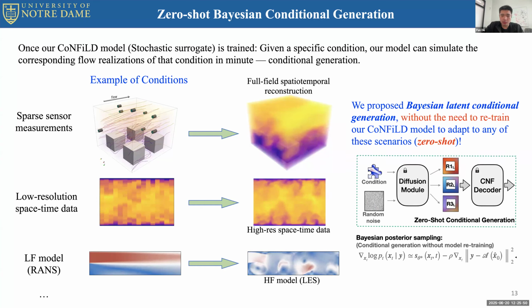This is called zero-shot deep posterior sampling, where we put our input condition, such as flow measurements, into the diffusion model along with random noise, and the diffusion model will generate different realizations in the latent space, and those latent space encodings can be passed into the CNF decoder to generate physical flows that satisfy those measurements.